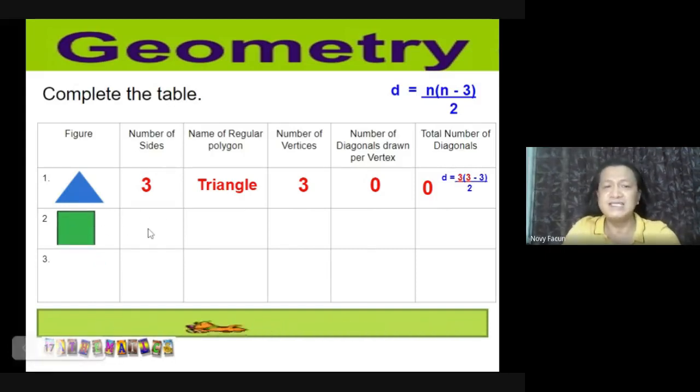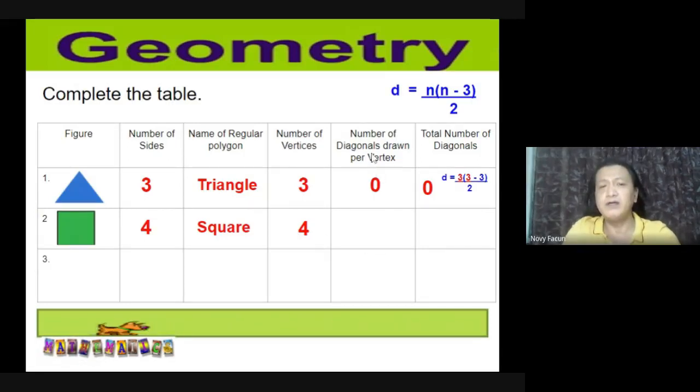Okay, for number 2, how about this figure? Ano yung number ng sides natin? We have 4. So, anong tawag naman sa regular polygon na to? We have this square. And number of vertices, so that is 4. Same lang siya dun sa number dito. And we have number of the diagonals drawn per vertex. So kapag sinubstitute natin yung formula natin, di ba? 4 minus 3, that is 1 times 4, divided by 2. That is equal to how many? We have 1. Okay.